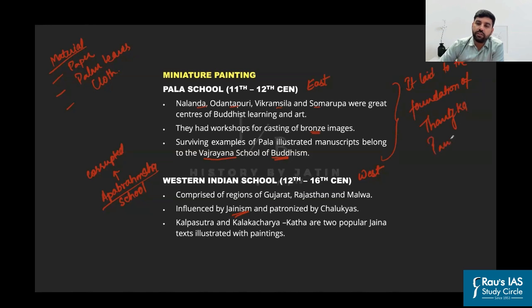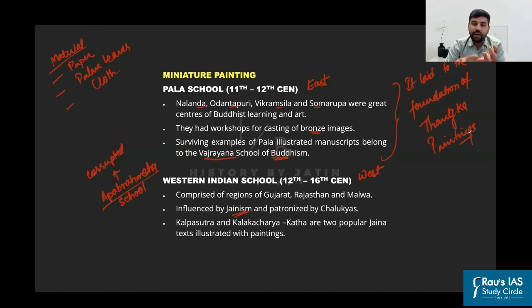We have just discussed a few minutes back Thangka paintings, another form of Buddhist art, in which Gautam Buddha was shown having numerous hands. But having numerous hands is a Hindu concept. When God is shown having numerous hands, that is a Hindu concept. So Vajrayana inculcated the Hindu concept, and that's why Thangka painting is there.